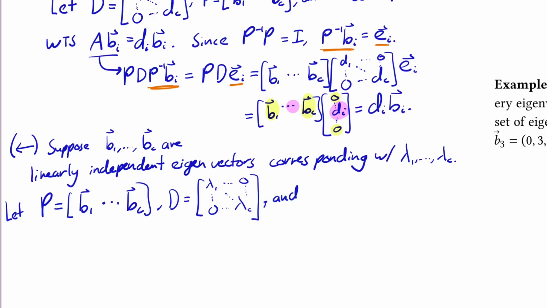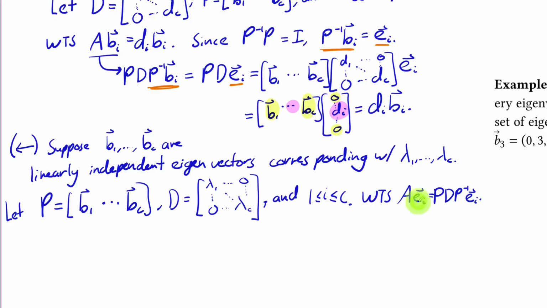And the trick to doing this is we're going to say we have some I between 1 and C. And the goal is we want to show that no matter which I we're talking about, if we do A times EI, we're going to get the same thing as P D P inverse times that EI.